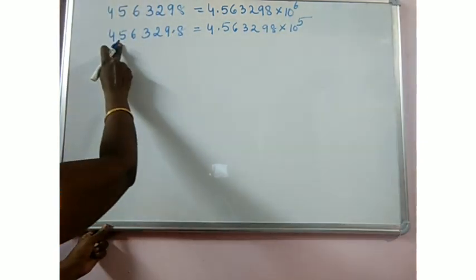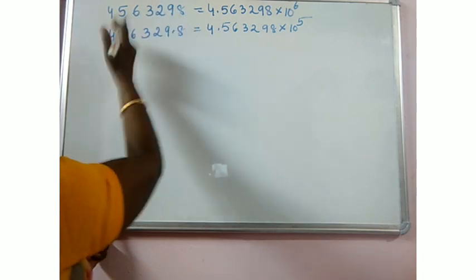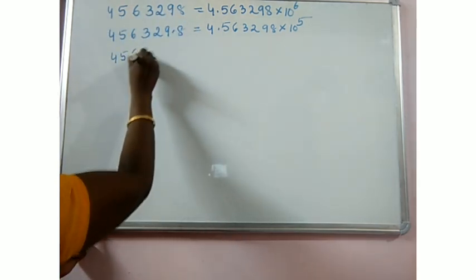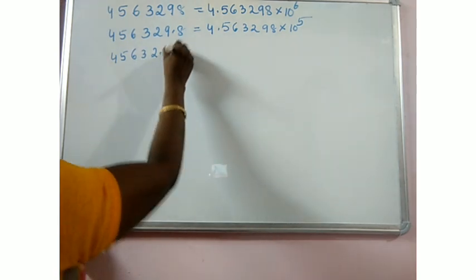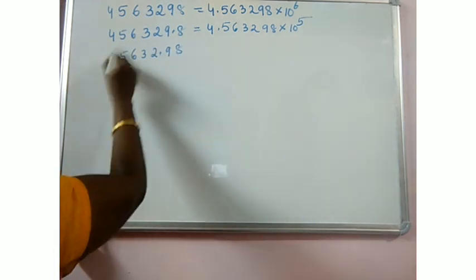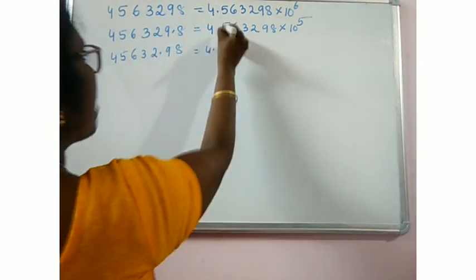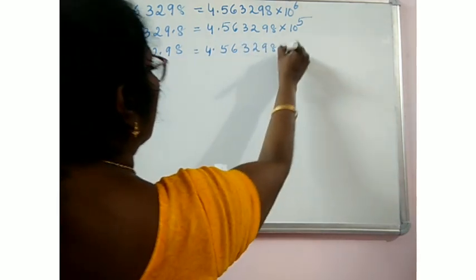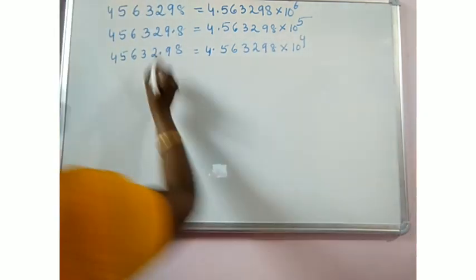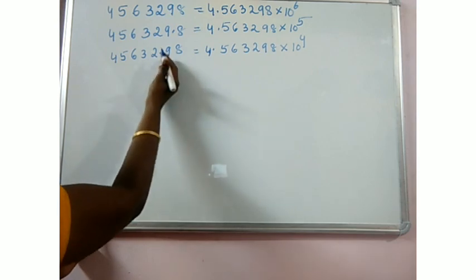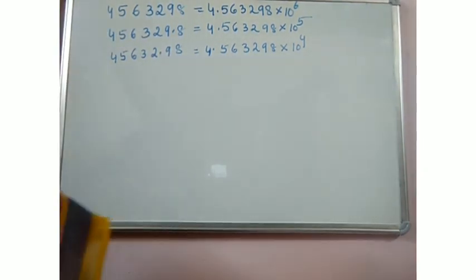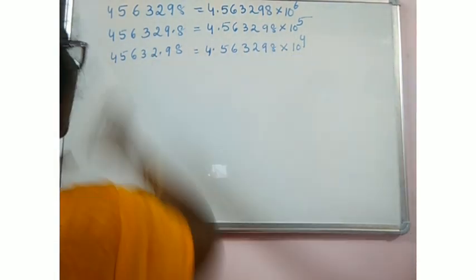Suppose the number is 4563.298. The decimal has to move 4 places, so 4.563298 into 10 to the power 4, because the decimal moved 4 places from right to left.